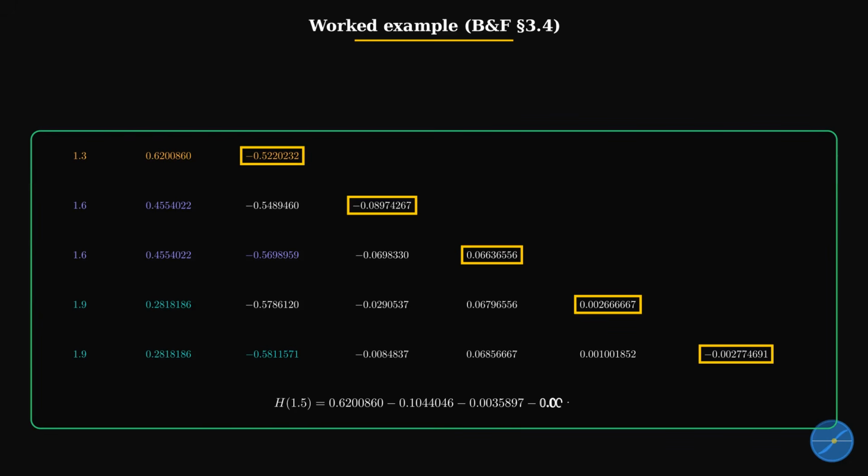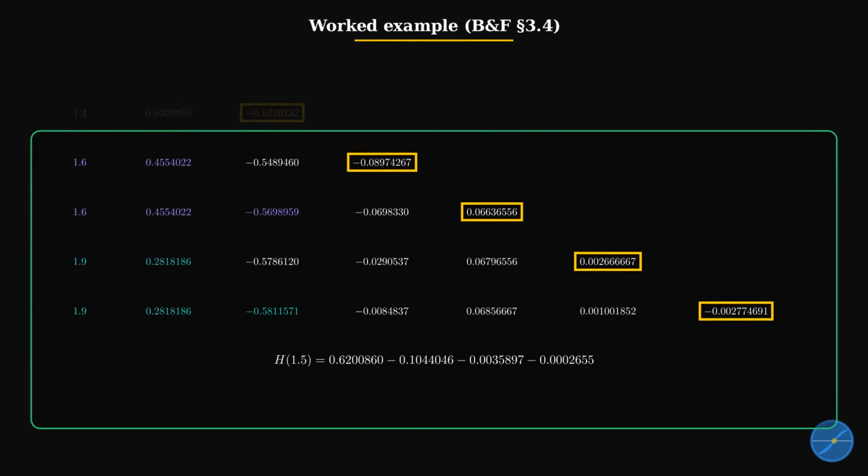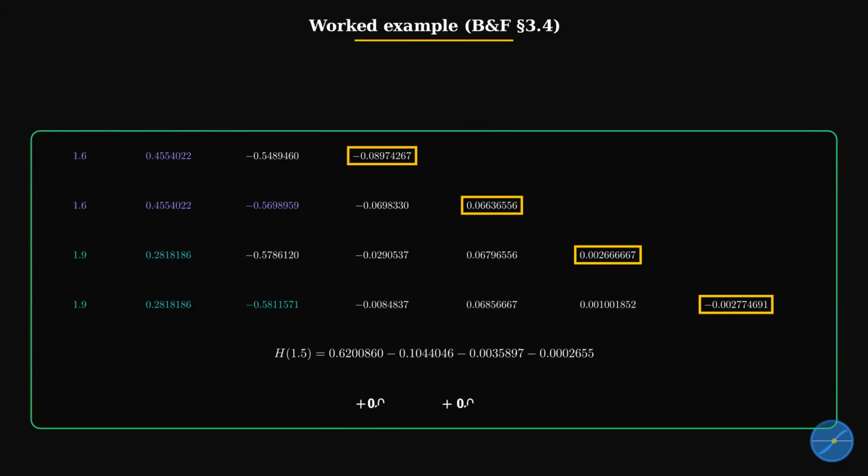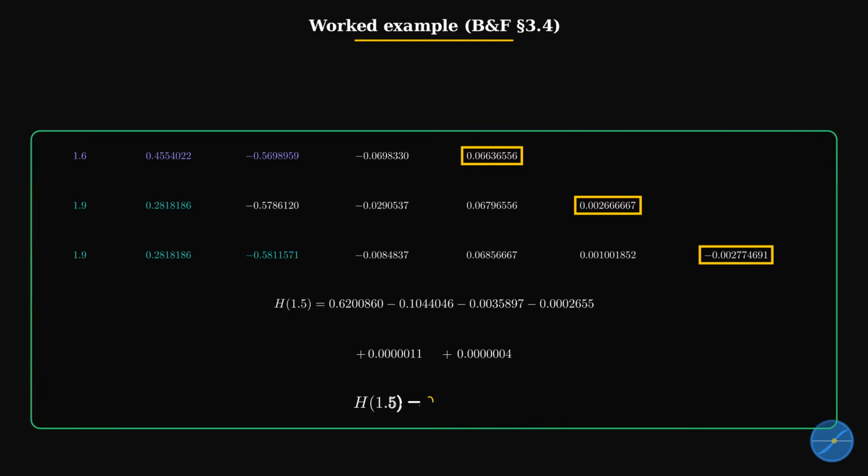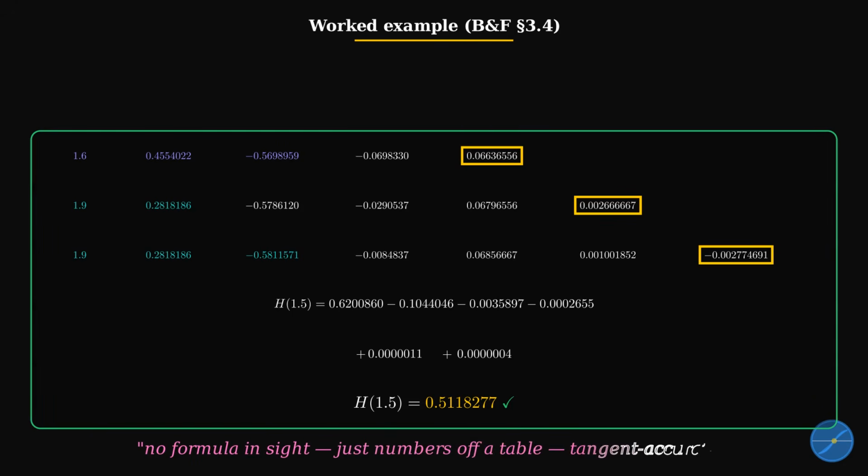Then minus 0.0002655. The last, 0.0000011 plus 0.0000004. Add them up. H at 1.5 is 0.5118277. No formula in sight, just the numbers of a table, and Hermite gives us the value between them. Tangent accurate.